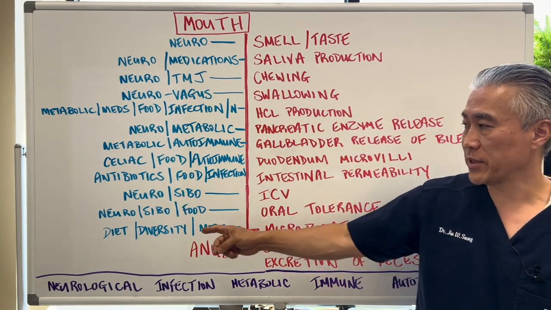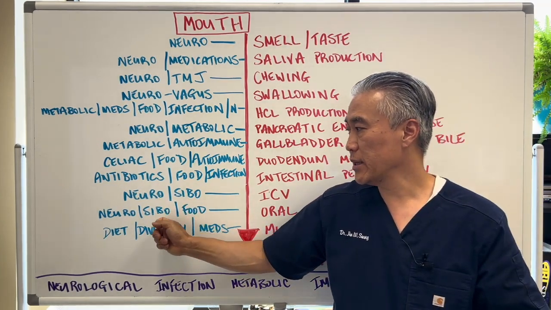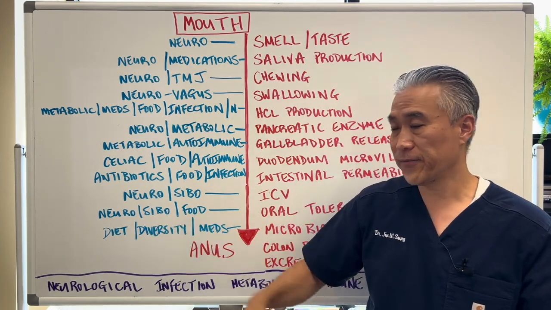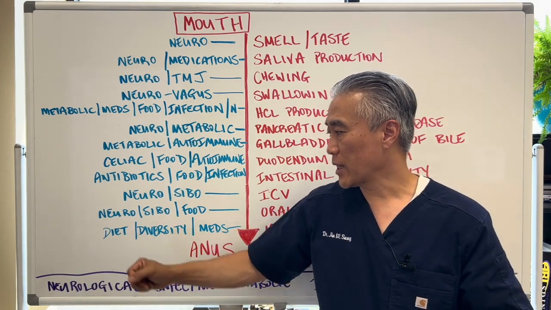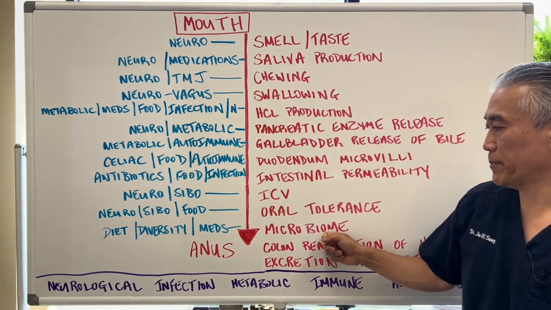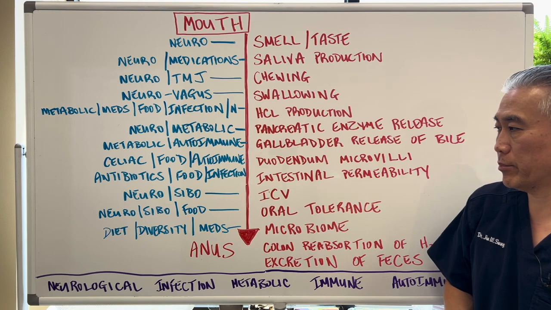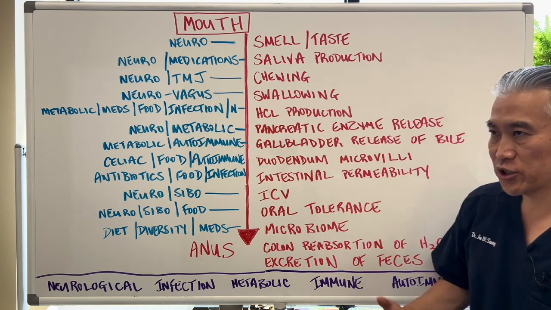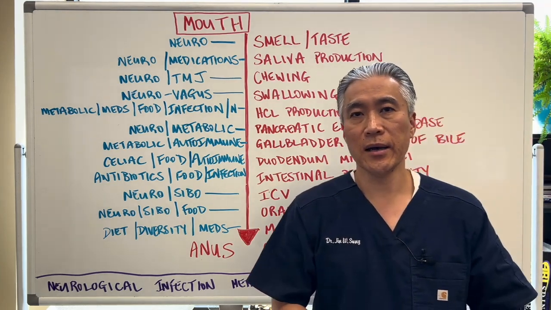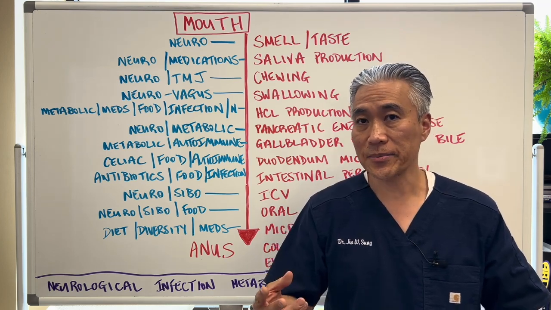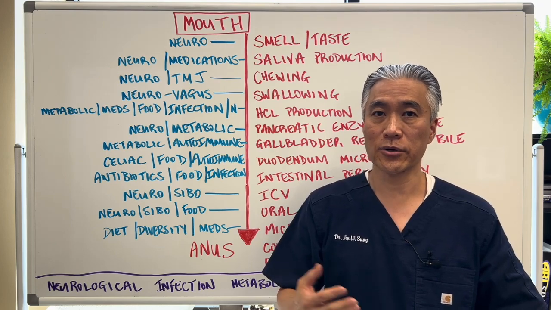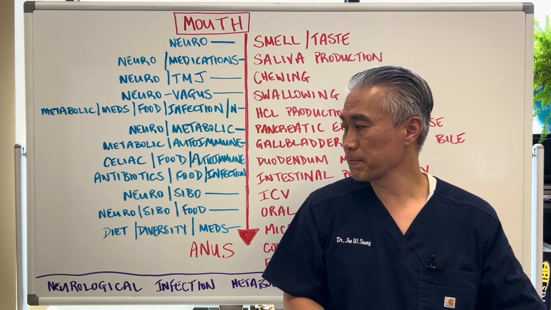Oral tolerance can be related to neurological issues, SIBO, and food, or immunological issues. So diet, diversity, and medication will impact gut microbiome, okay? And then you have issues with constipation, diarrhea. This can also be related to food and metabolic conditions. Constipation can be actually a neurodegenerative process that can be occurring.